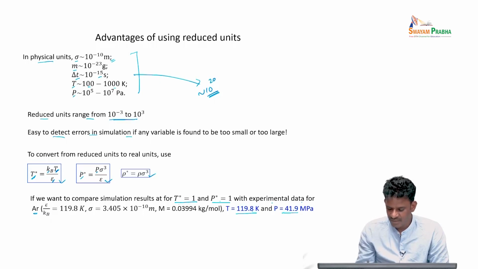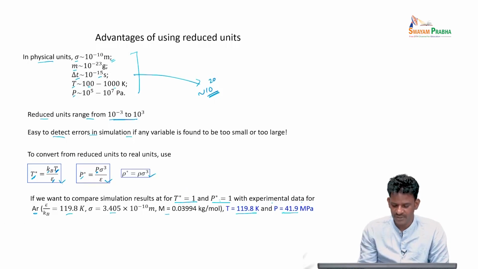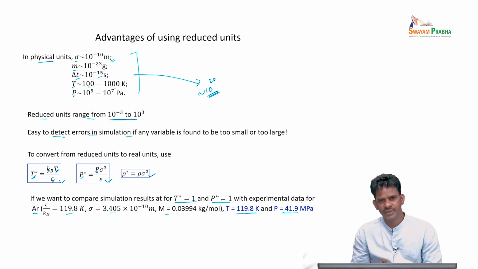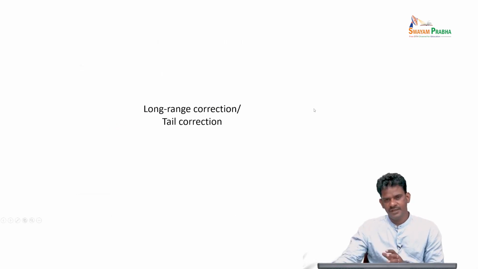The way we got these numbers is by plugging the values of epsilon, sigma, and mass into this set of equations, and then calculating the temperature and pressure for this particular set of reduced units. So we have looked at how to convert real units into reduced units, and also from reduced units back to real units. Now we come to another concept, a long range correction or tail correction.